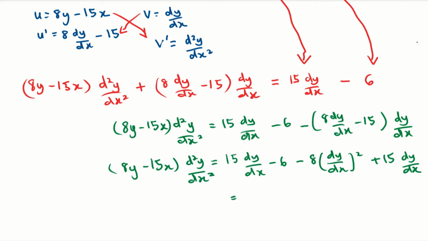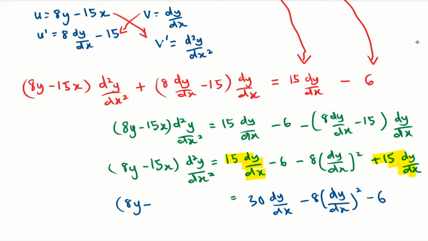This is actually 15 dy dx plus 15 dy dx, we get 30 dy dx minus 8 dy dx square minus 6.